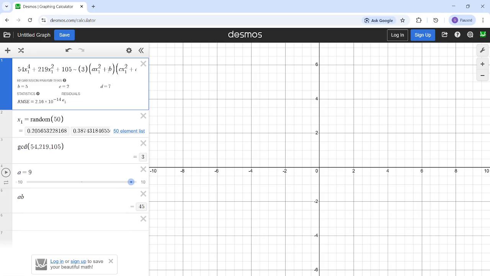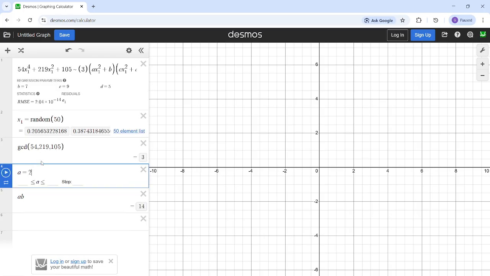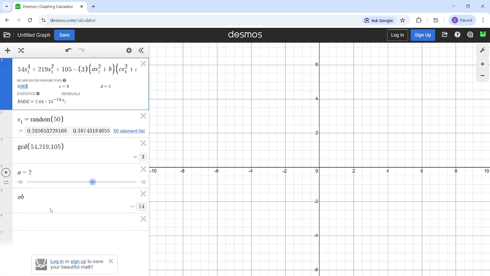If you look at A and B and C and D, they look similar. We could just swap their places. For example, let's say A equals 2, which I think we didn't do before. Now, AB is 14, because we change their places.